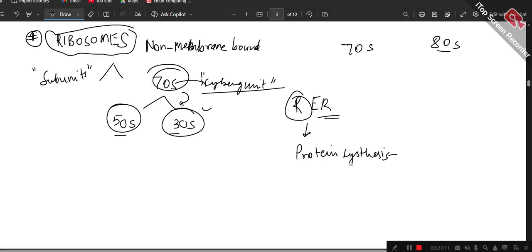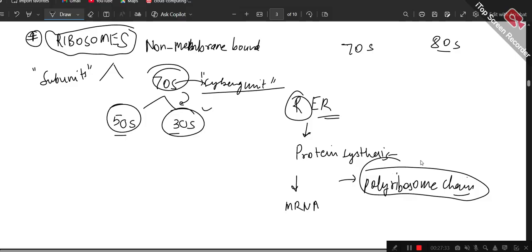Some of the ribosomes get attached to mRNA as well, and they form a polyribosome chain, which we are going to study in the DNA structure part. How this works, transcription and translation, we'll do afterwards. For now you don't need to go into detail. This helps in forming a polyribosome, which we also call a polysome chain.